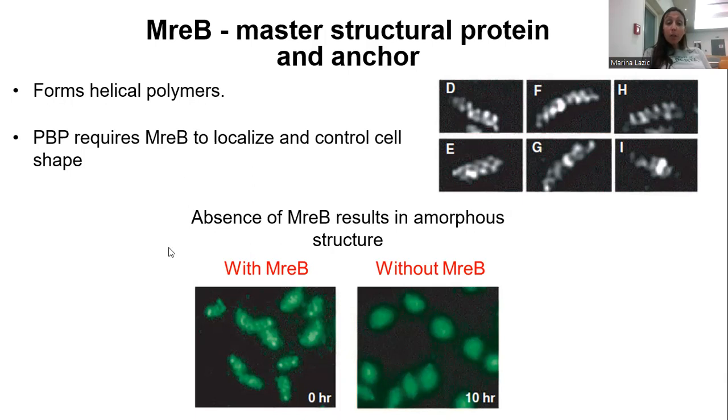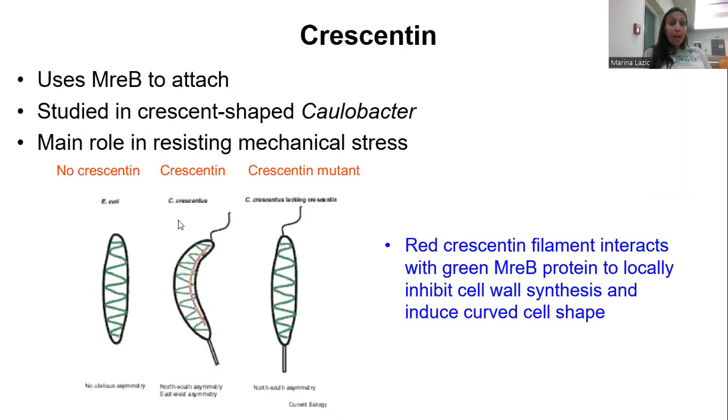So it's helping in localization and control of cell shape. You can see here how cells look when they have normal MreB and when they don't have MreB. So basically MreB is important for the determination of cell shape.